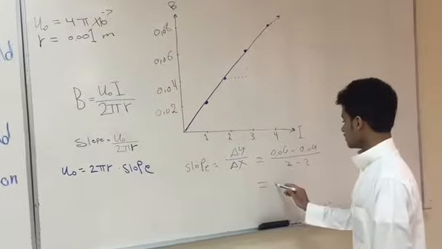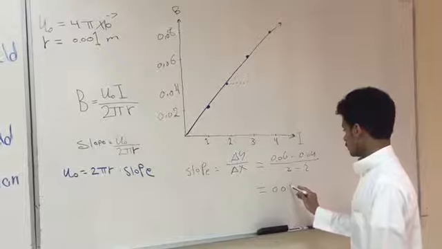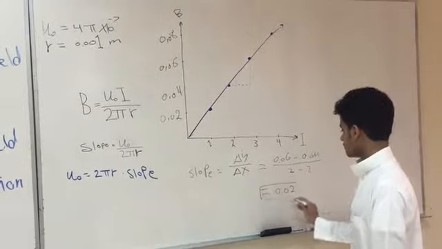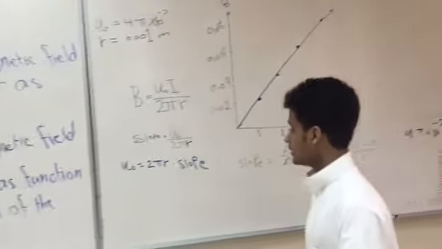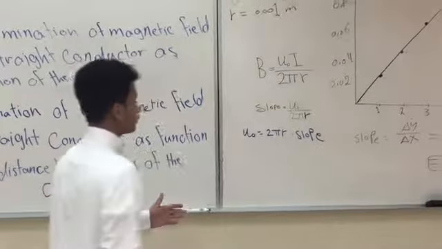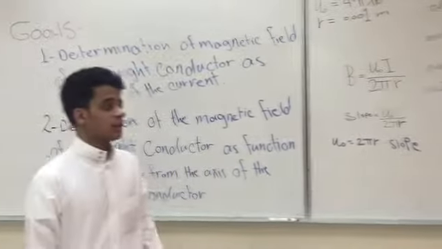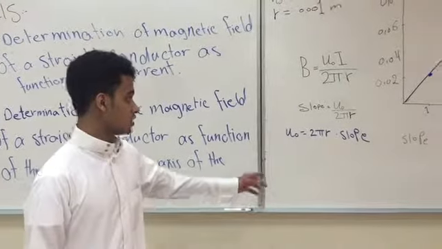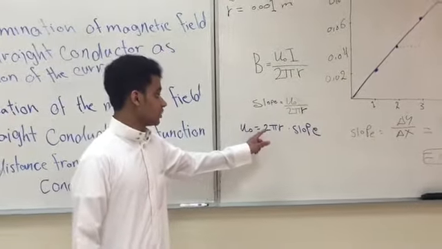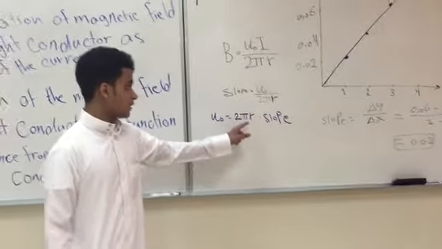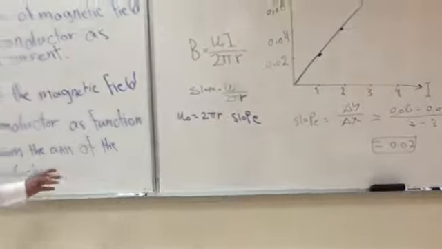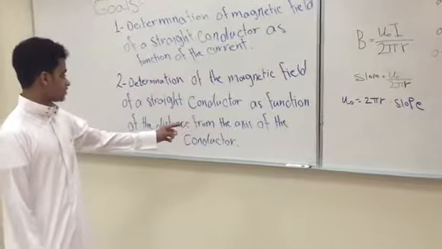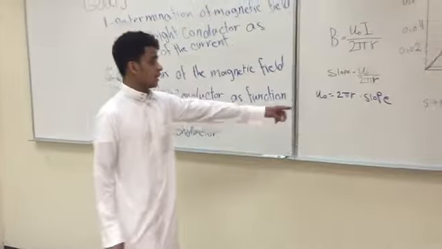That equals 0.02. This is the slope from this graph, and the value of mu naught is always constant. But if we need to find it from this equation, mu naught equals 2 pi multiplied by R, where R means the distance from the axis of the conductor, multiplied by the slope.